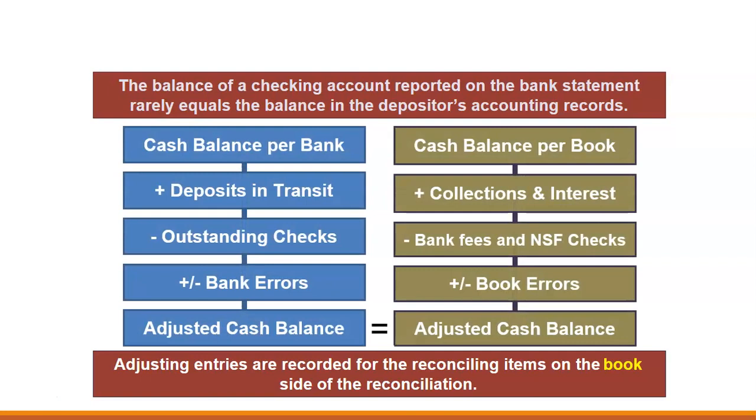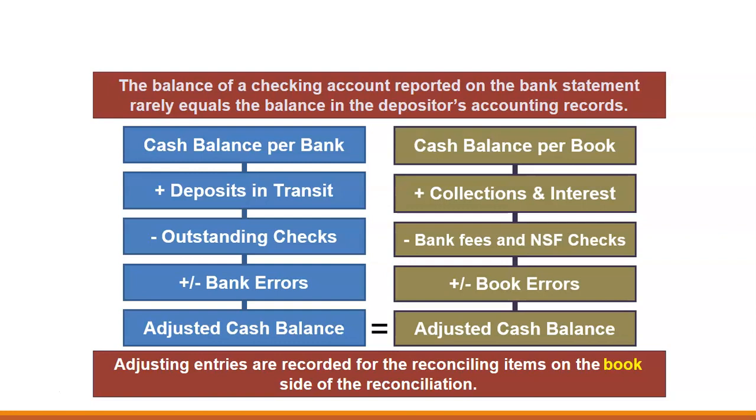So the balance of our checking account rarely equals the balance in our accounting records, and that is because of timing differences. It also is because of bank fees collected, and any interest that we might have earned. So we have deposits in transit, we can have outstanding checks.